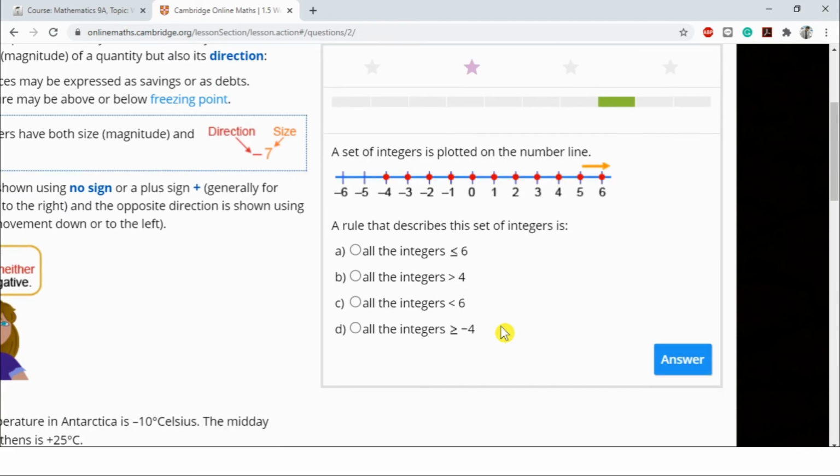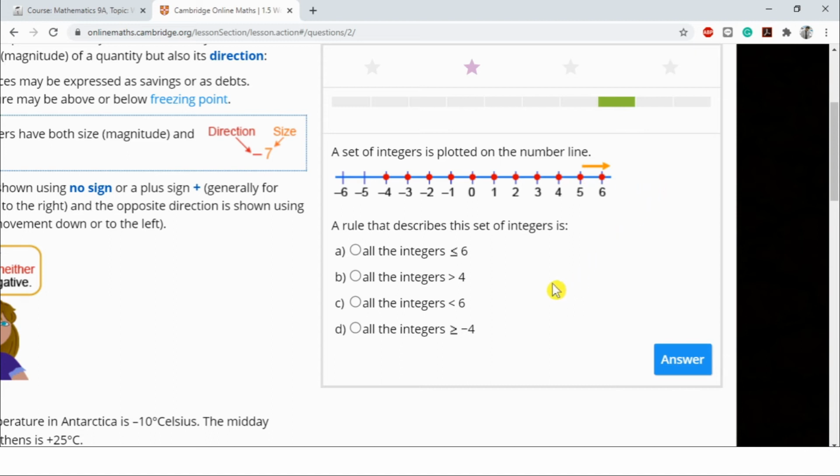All right, the next example: a set of integers is plotted on the number line. So which rule describes this set of integers? You see these red dots, yeah? They start from minus 4 until 6 and the arrow is on the right.